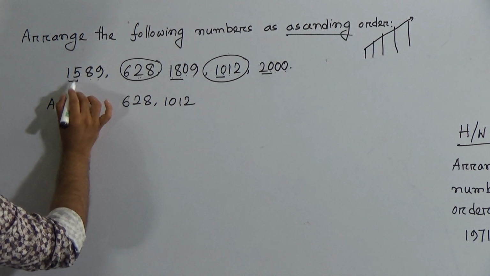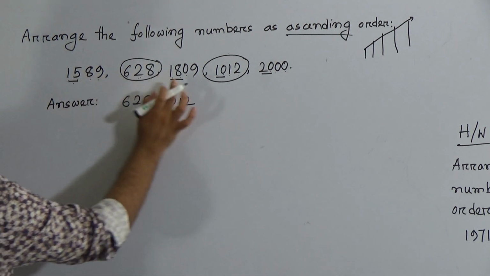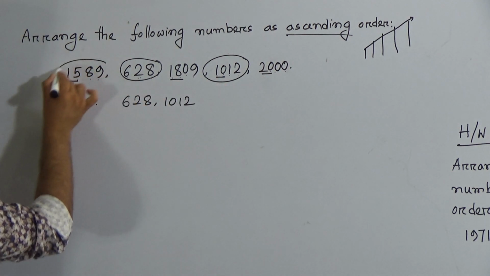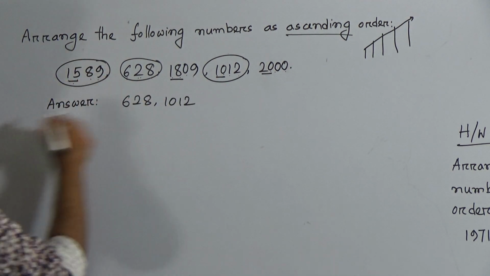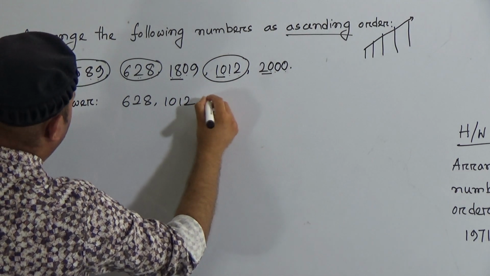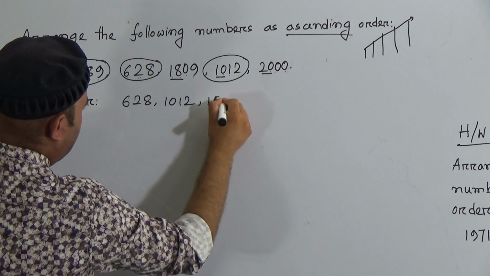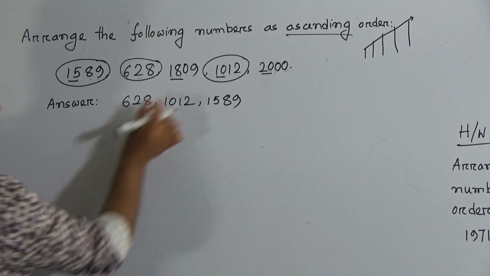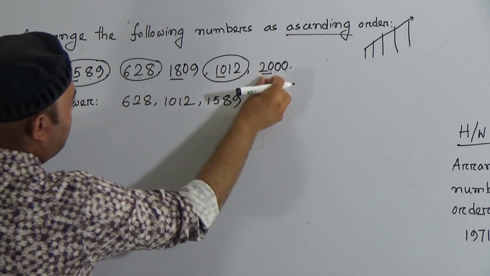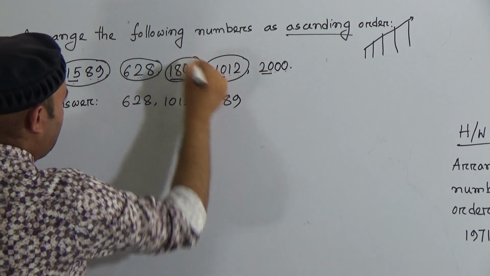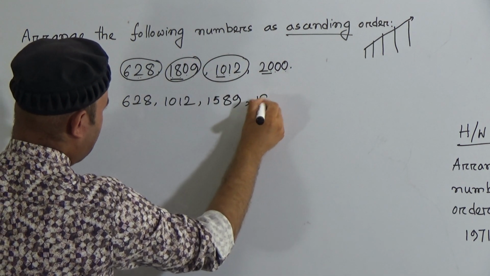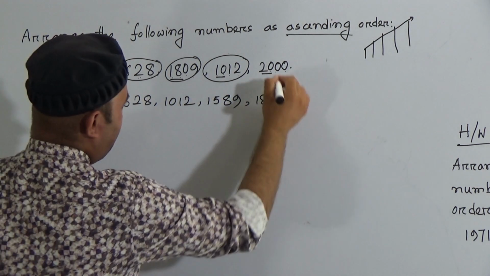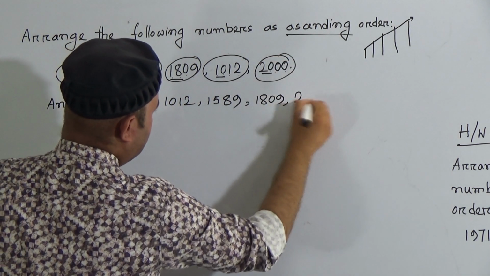Again, 1500, 1800 and 2000. So 1500 is the next smaller number, 1589. Now which one? 1800 and 2000, here it will be 1809, and the last one is 2000.